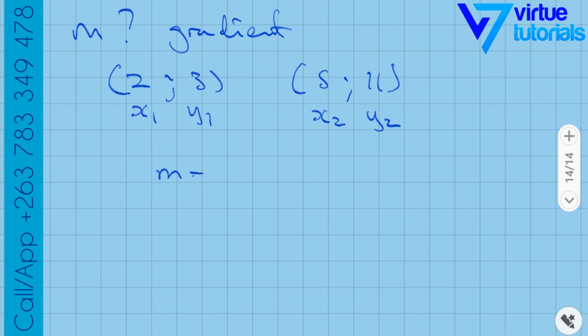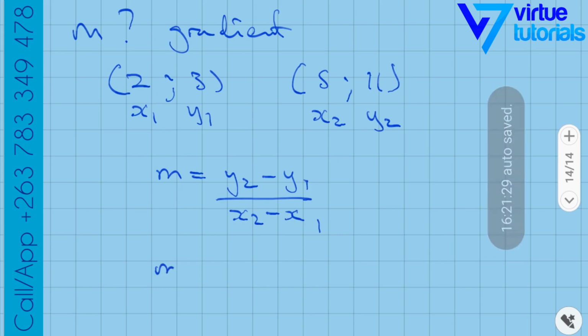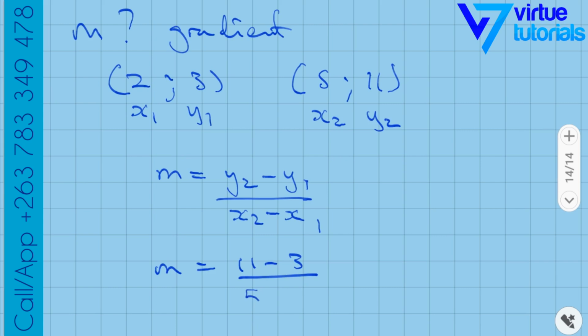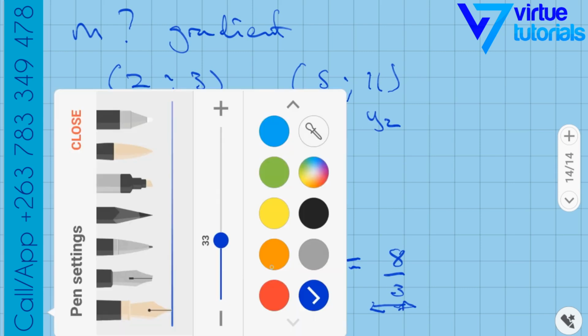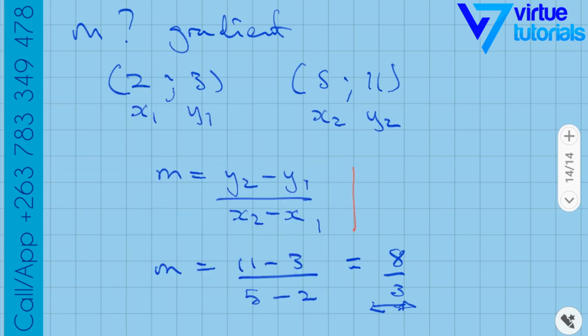And we know that our gradient is y2 minus y1 over x2 minus x1. So our gradient is going to be 11 minus 3 all over 5 minus 2. 11 minus 3 gives us an 8. 5 minus 2 gives us a 3. We can be assured that our gradient is going to be 8 over 3.